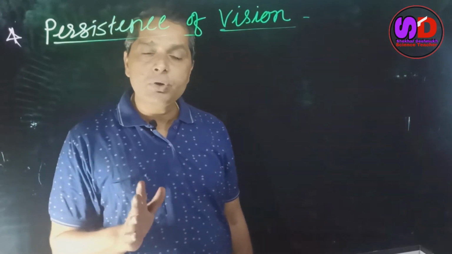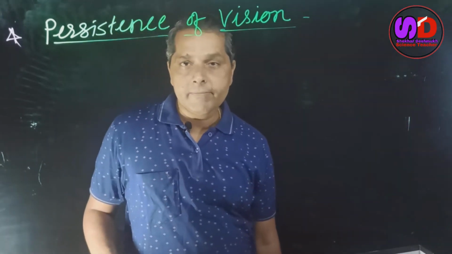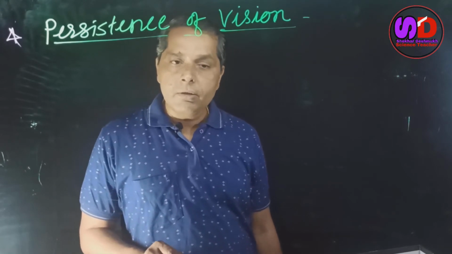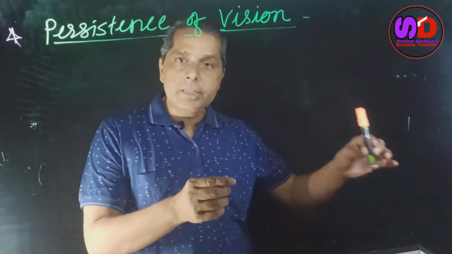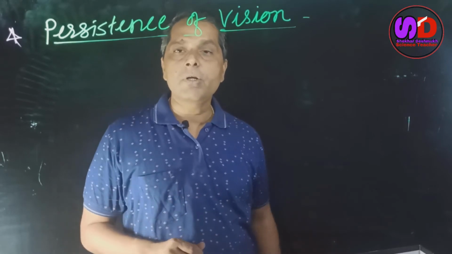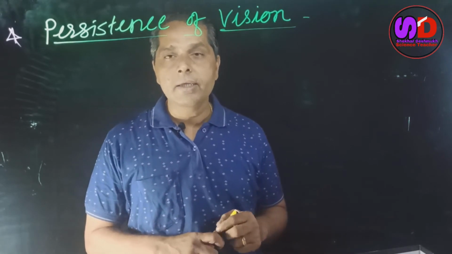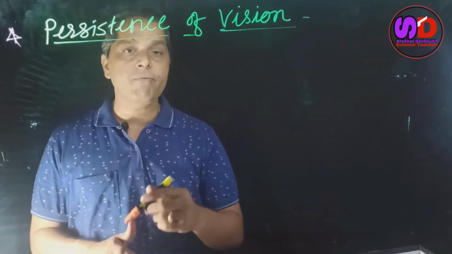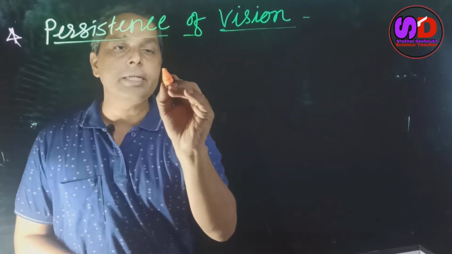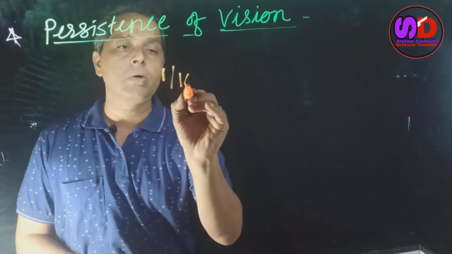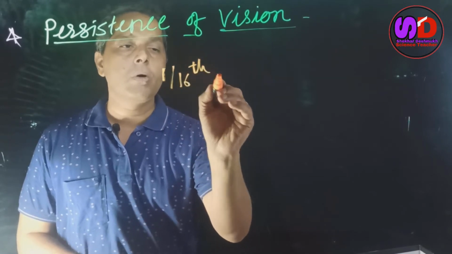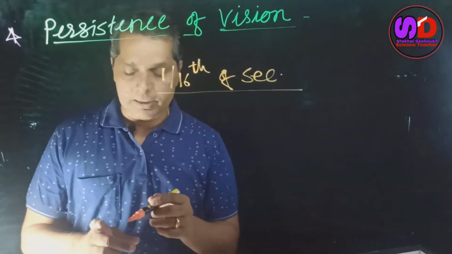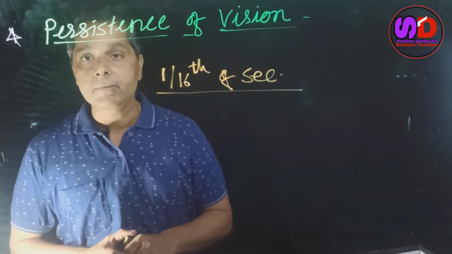But this process is not instantaneous. What is the meaning of that? That means though I remove this object from in front of your eye, the image of this object remains on the retina for 1/16 of a second.